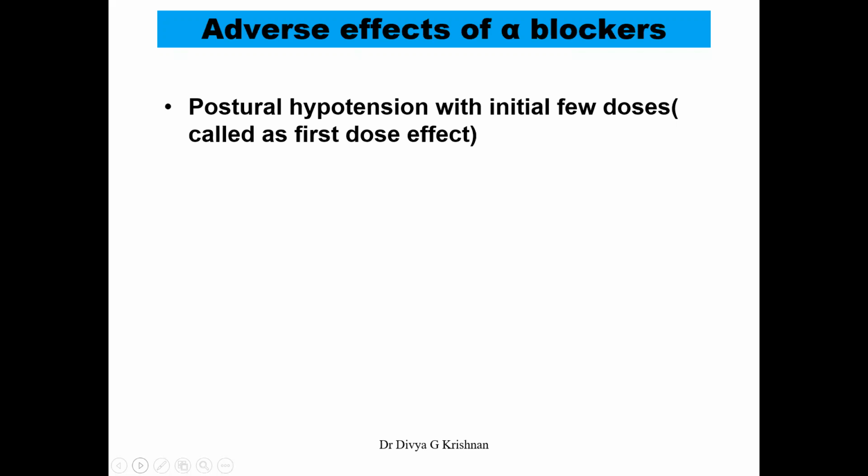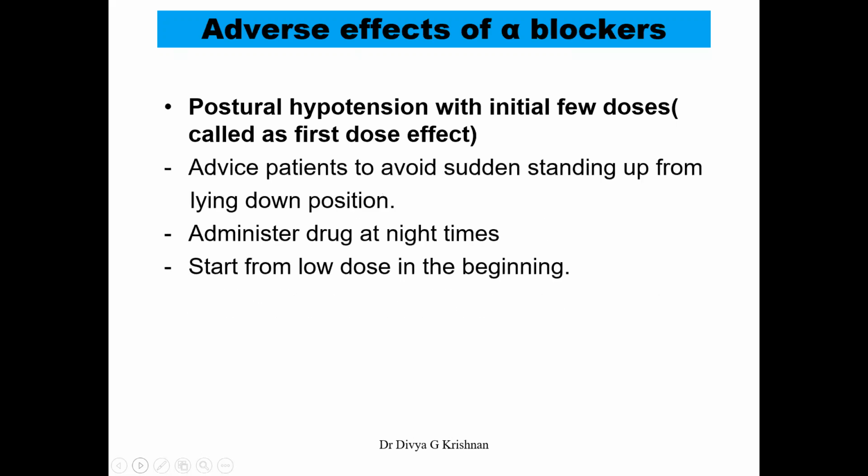The postural hypotension with alpha blockers usually occurs with the initial few doses, and this is why it's called the first dose effect. It often disappears with the subsequent doses. However, you should always take care to advise your patients to avoid sudden standing up from the lying down position if they are on alpha blockers.